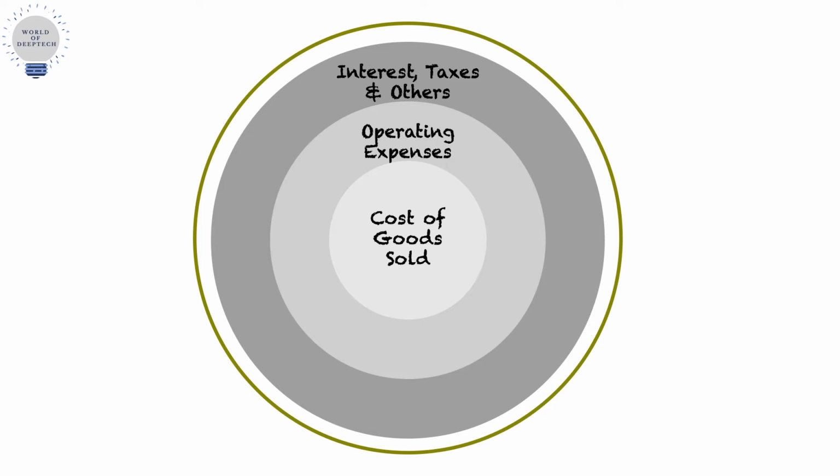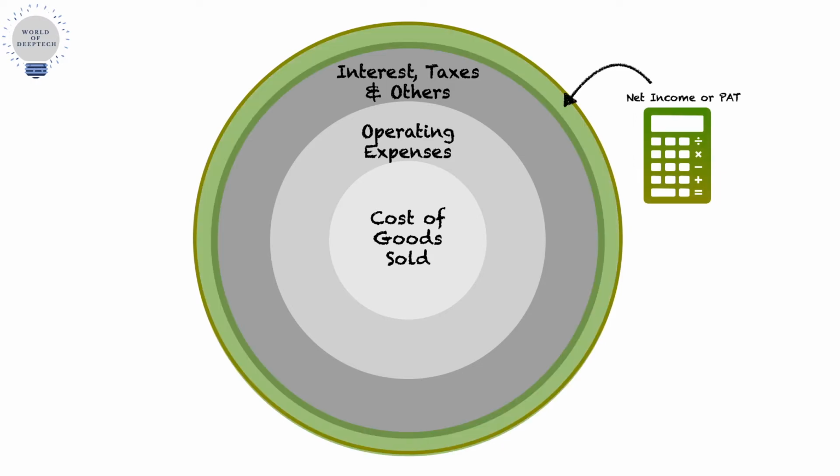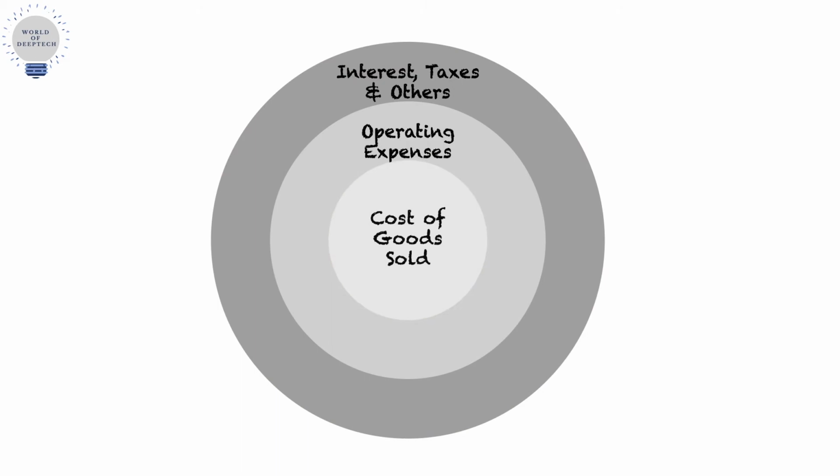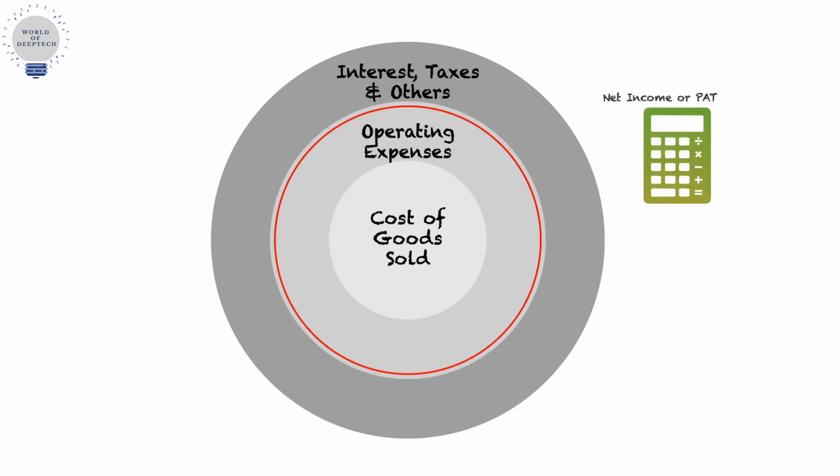If the revenue of the firm is more than all these costs, then the firm's net income or profit after taxes is positive. If the revenue of the firm is less than these costs, then the firm's net income or profit after tax is negative.